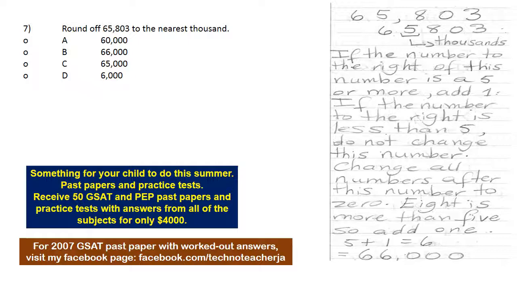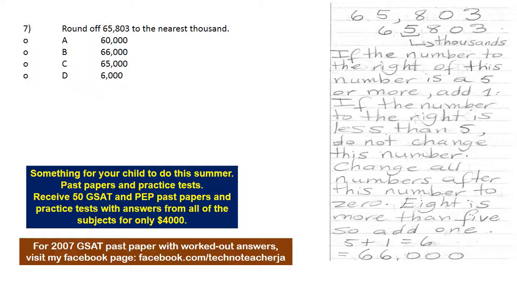Okay, the rule is, what we are going to do first is look at the numeral in the thousands position in this number. Which number is in the thousands position in 65,803?